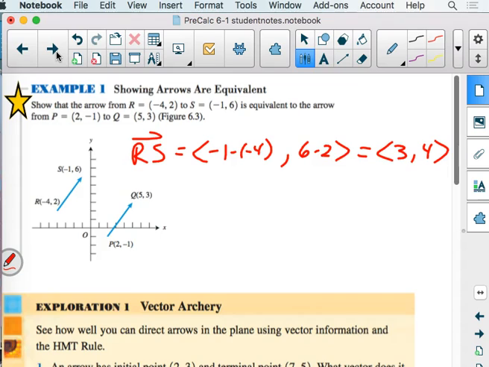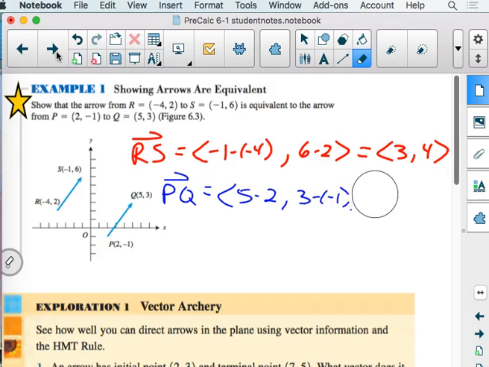So if these are going to be, like it says, equivalent, in other words, these are parallel, we better get the exact same thing for vector PQ. Well, that one would be 5 minus 2, terminal minus initial, 3 minus a -1. Oops, too many parentheses there.